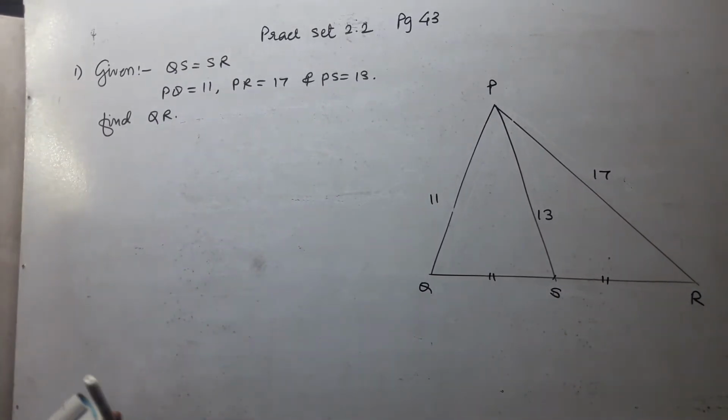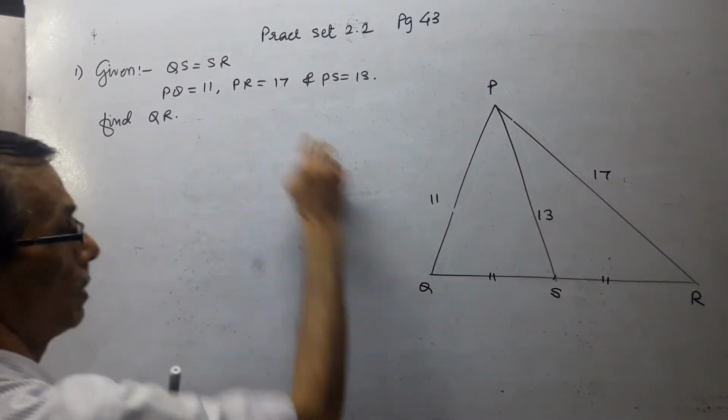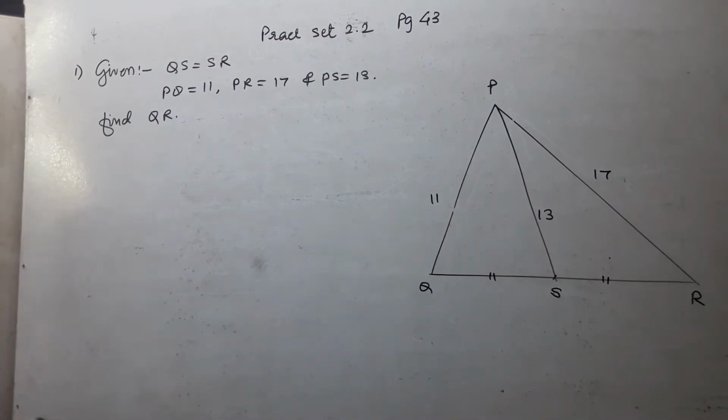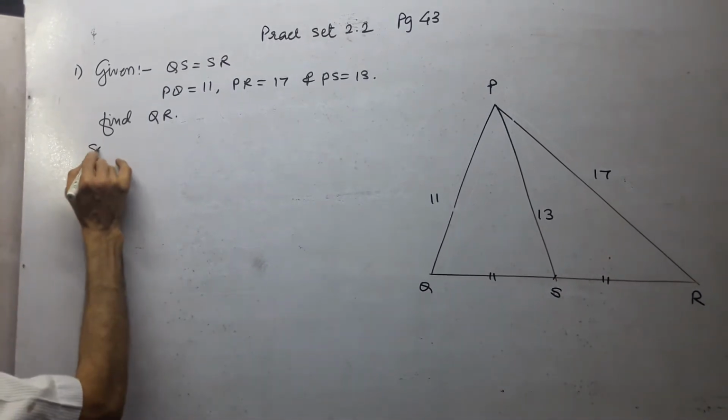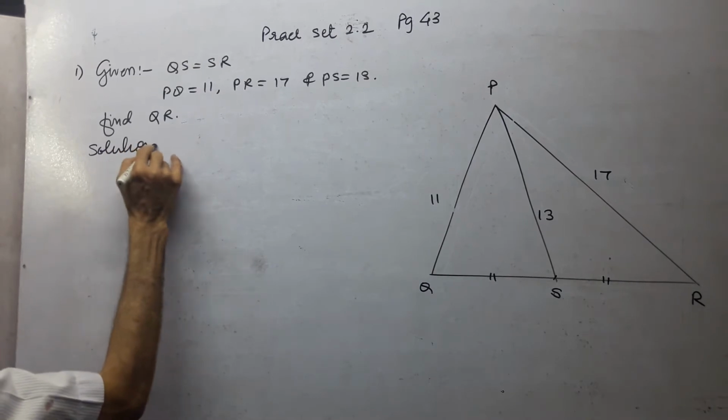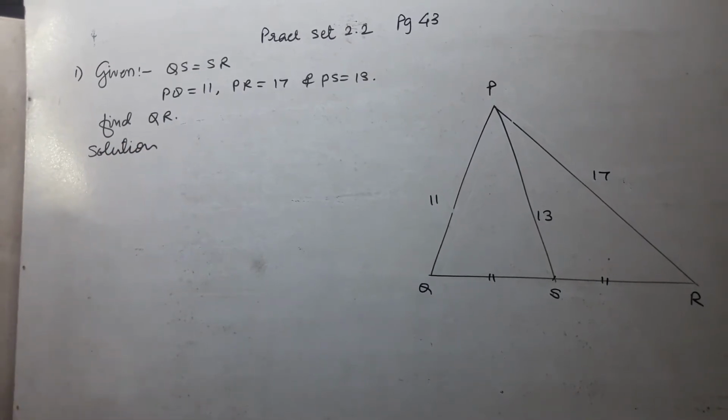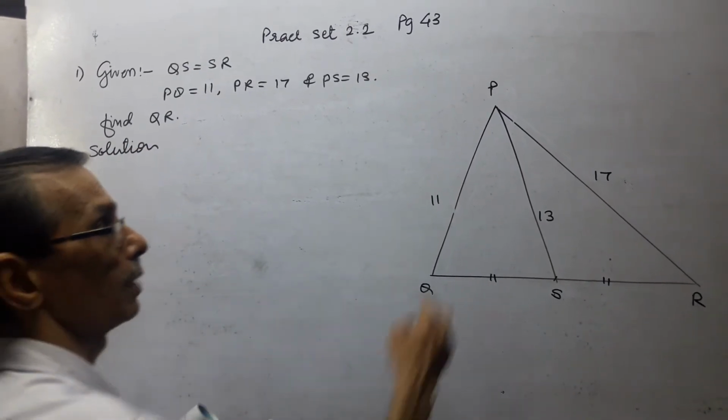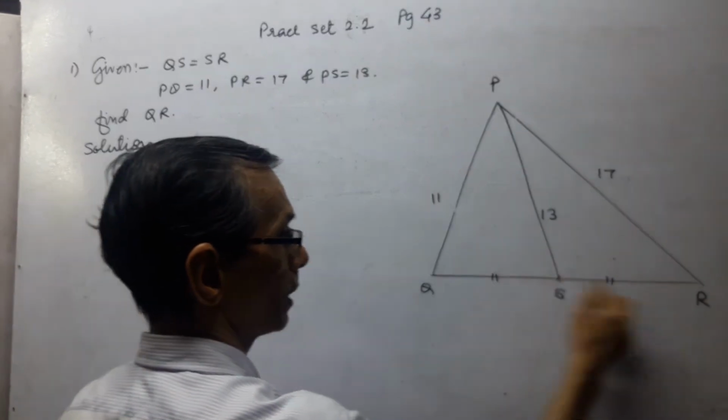Now here we will write: given midpoint. The word midpoint says that Apollonius theorem, keep in mind. And therefore, solution. So let us first write Apollonius theorem. The median divides QR.